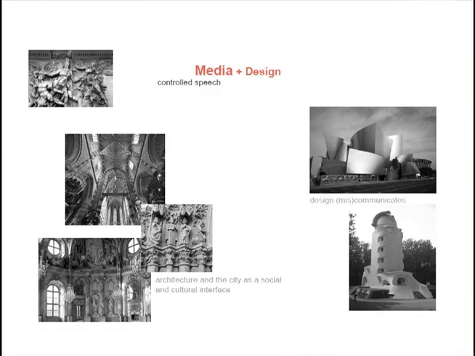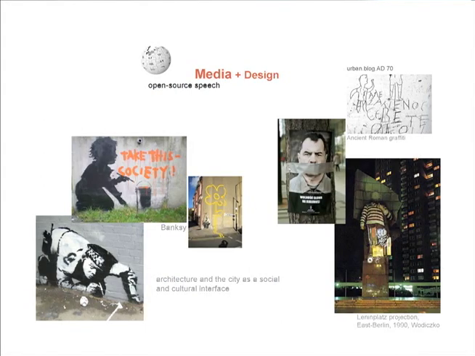Just to give you some old examples that reinforce the point and show that architecture is a form of interface, the way we interact, as well as a form of media that communicates things and in many cases miscommunicates as well. So it can be honest and dishonest.